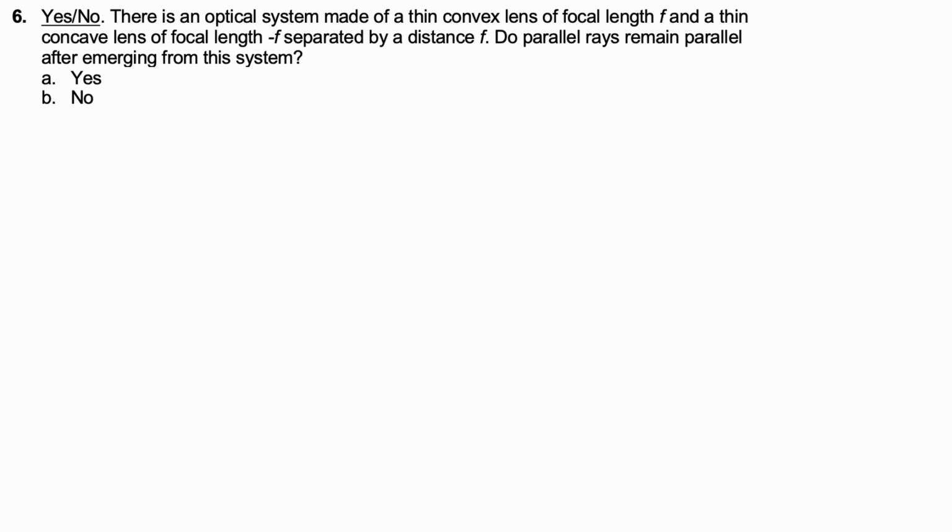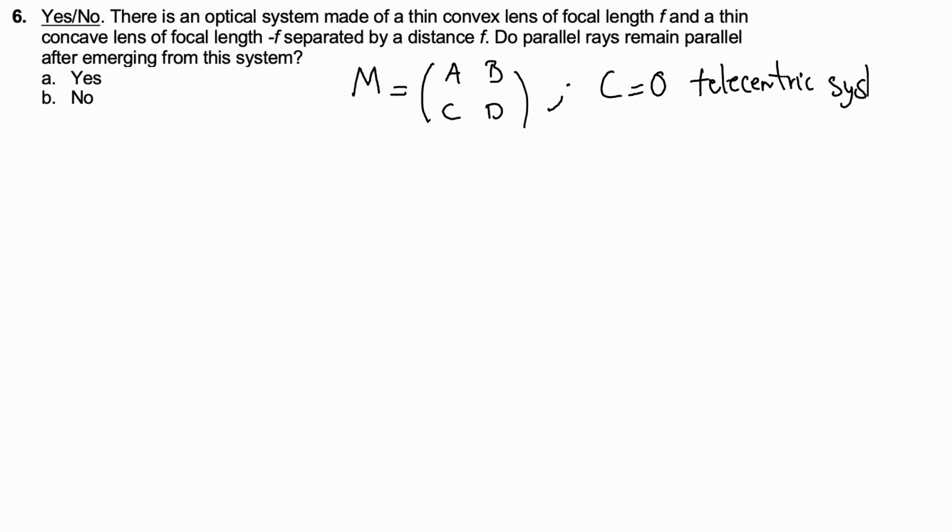So in other words, we need to estimate the transfer matrix of the system, and we know that this is going to be a 2x2 matrix, and if C is equal to 0, it means a kind of telecentric system. So parallel rays remain parallel.